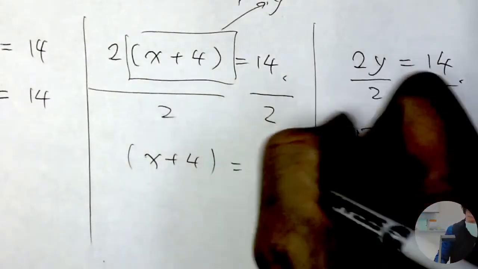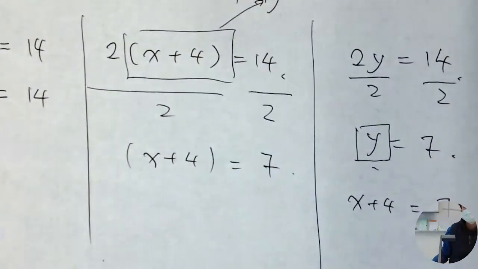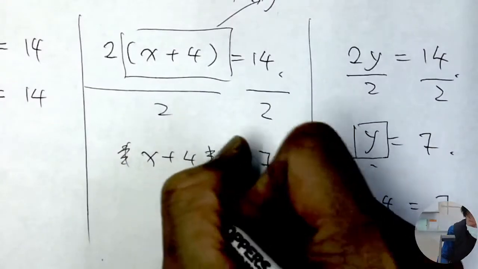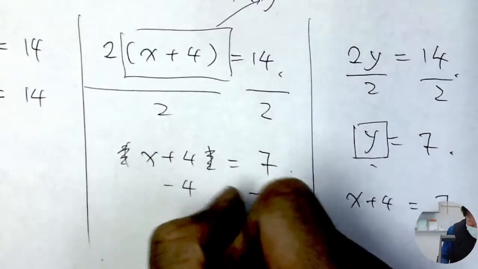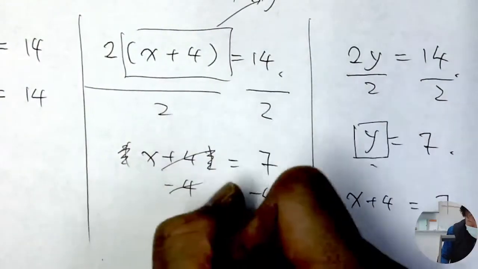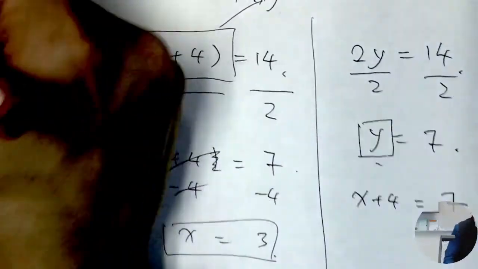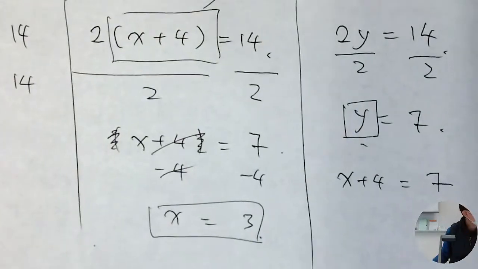But then the important thing is you got 7. All right? So what do we do next? James, minus 4 both sides. So we don't need the box anymore. It's on its own. Minus 4 both sides. Hey, x is now 3.